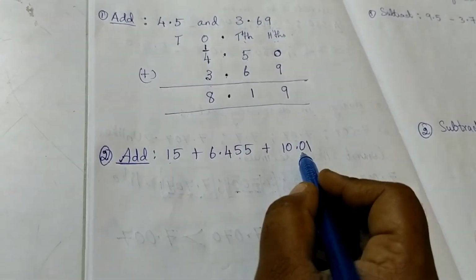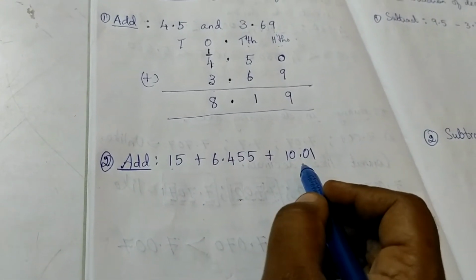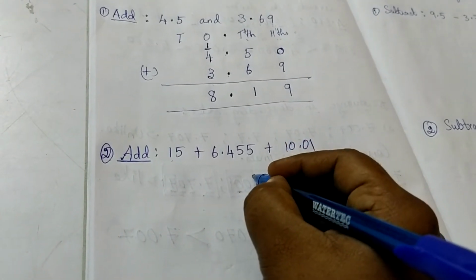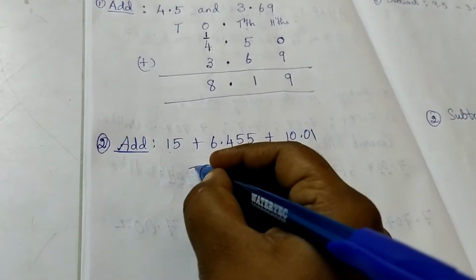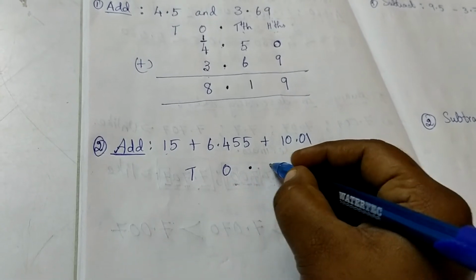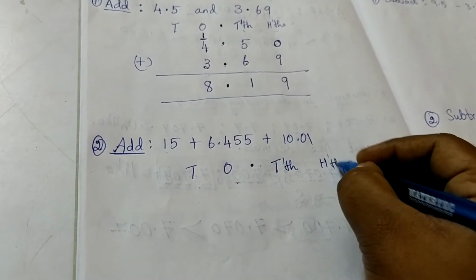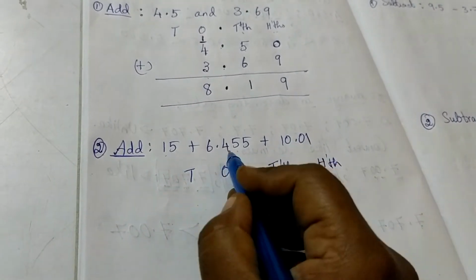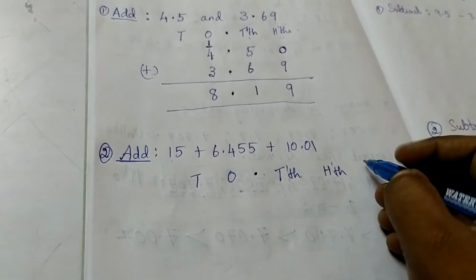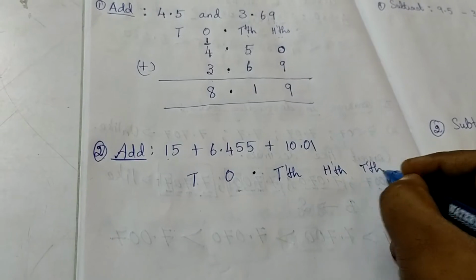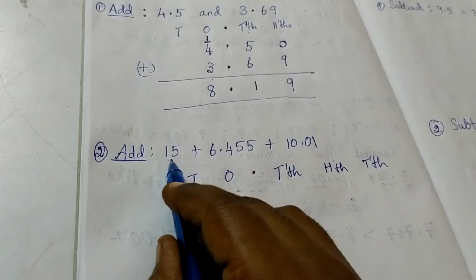Here 3 numbers are asked to add. So now I am going to write the place values, ones, tens. After decimal, tenths, hundredths. Here after decimal we have 3 places, so thousandths also I am going to write. The first number 15.